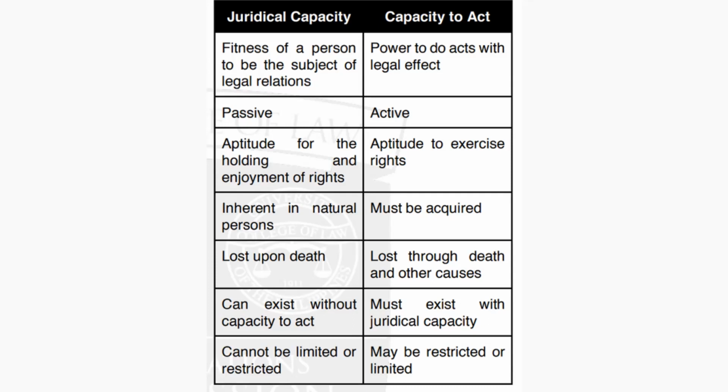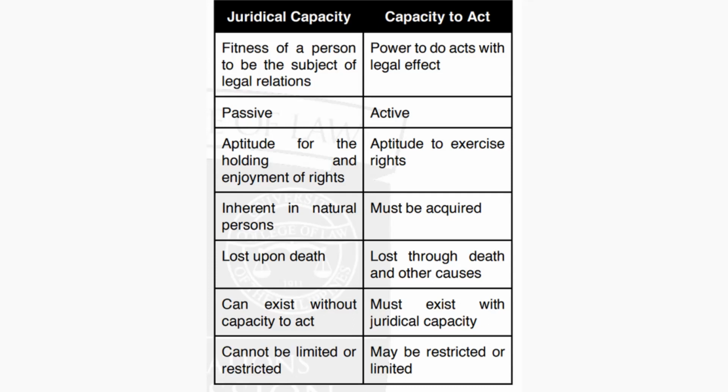Juridical capacity cannot be limited or restricted, but the capacity to act can be restricted or limited, such as when, for example, you have the capacity to act to marry, but if you are already married, in that case it can be restricted because that would amount to bigamy already.